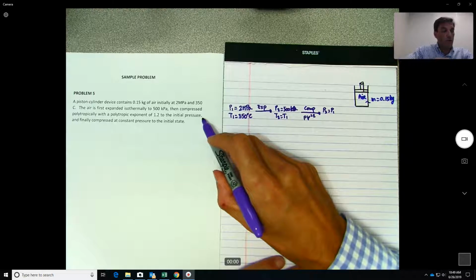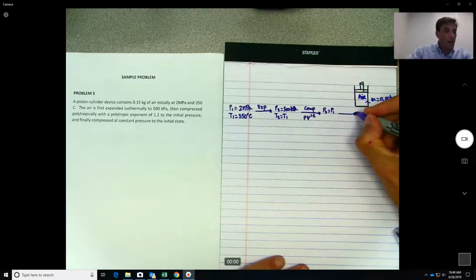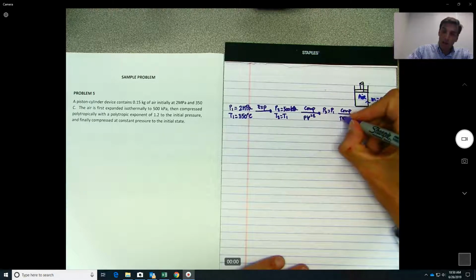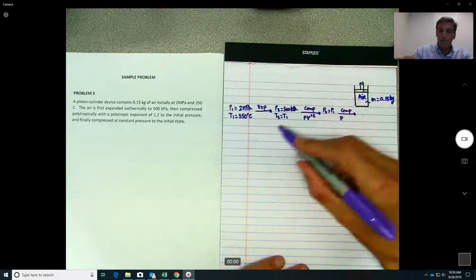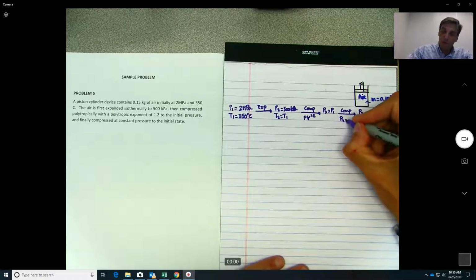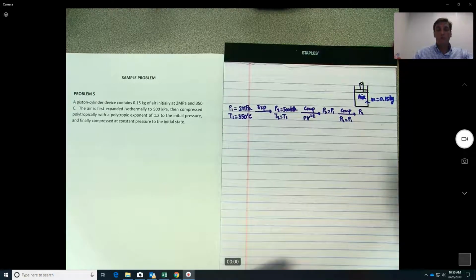And okay, one more compression, and finally we have another compression at constant pressure, so it will be P1, P2, P3, P4. So P4 equals P1, and that's basically what we have.